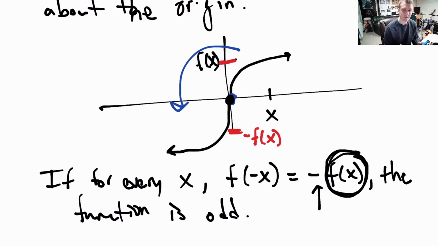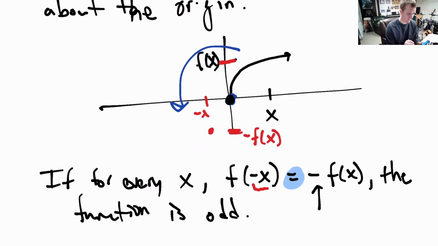If that height is the same as what we get when we plug in negative x, my graph is not quite drawn right. It should be about there. If we get the exact same height, then we've got ourselves an odd function.